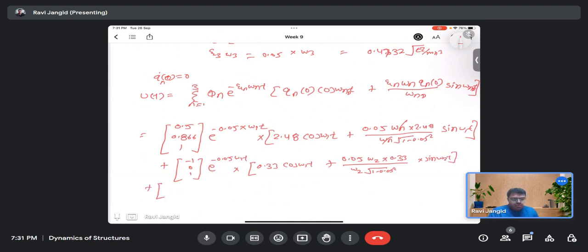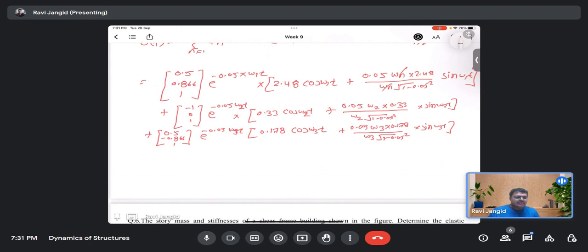Similarly, for the third mode, 0.5, minus 0.8661 times e raised to power minus 0.05 omega 3 t, times 0.178 cos omega 3 t plus 0.05 omega 3 0.178 sin omega 3 t.